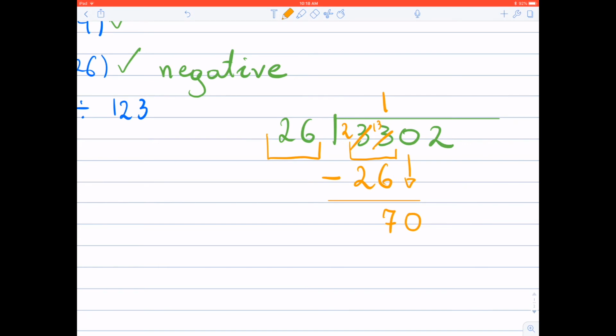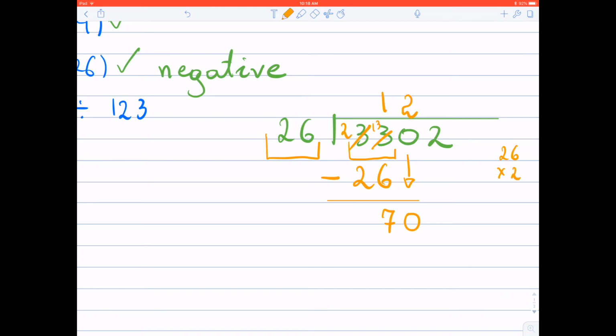Now, how many times does 26 go into 70? Well, 2 times 26, so meaning 26 plus 26 will be 52. And 2 will be the maximum, because if it's 52, notice from 52 to 70, it's only 18. So the maximum I can fit here is 2.